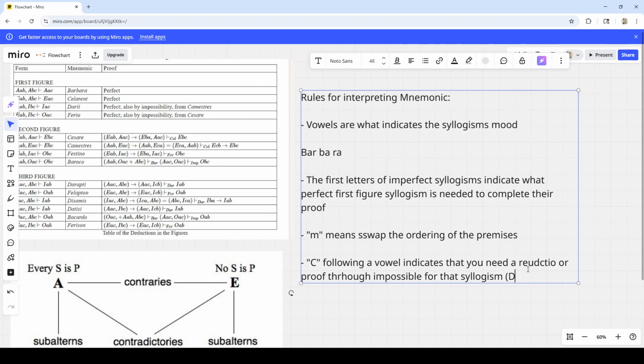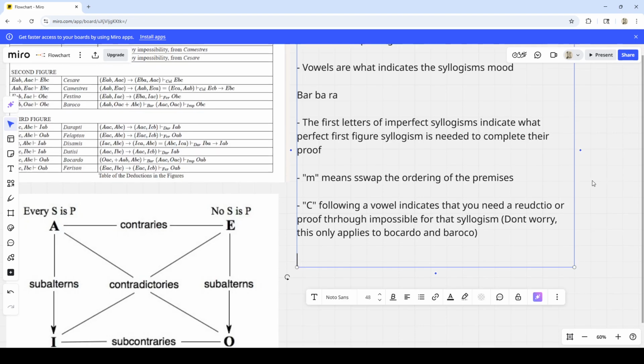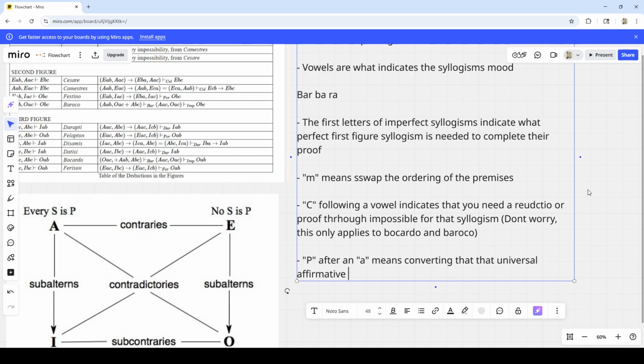But don't worry, because this only applies to Bocardo and Baroco. Okay, that's basically what you have to know for C. And now the letter P after an A means converting that universal affirmative to a particular affirmative.